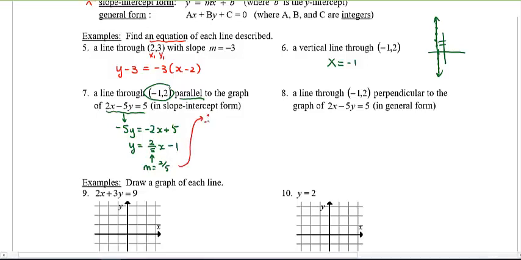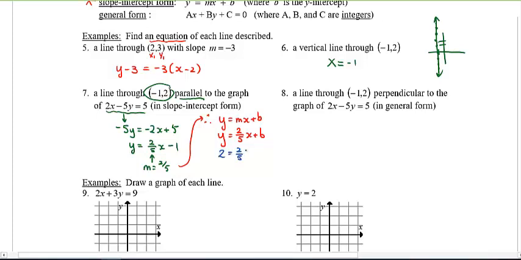So therefore, it says I want slope-intercept form. So y equals mx plus b is what I'm going to use this time. We know that the m, or the slope, since it's parallel, must be 2/5. And now we have to figure out b. How can we figure out b? We'll actually plug in the point, because that's a point. That means it's an x and y coordinate that's on this particular line.